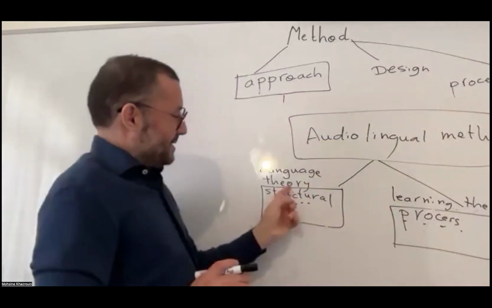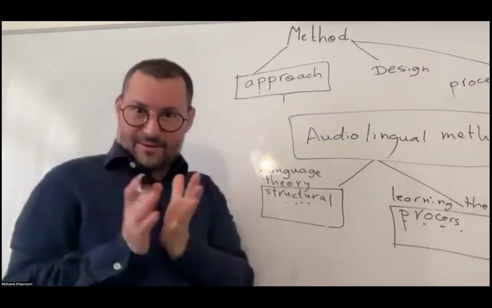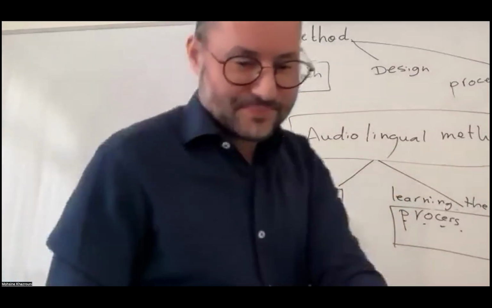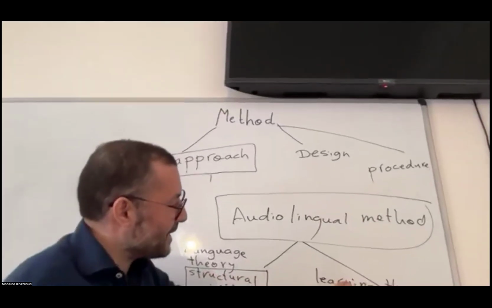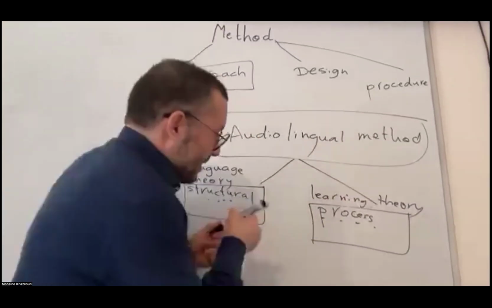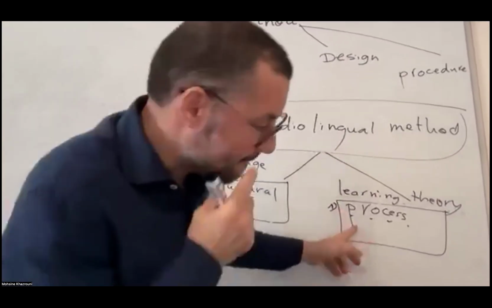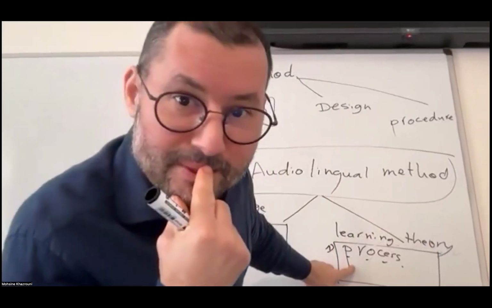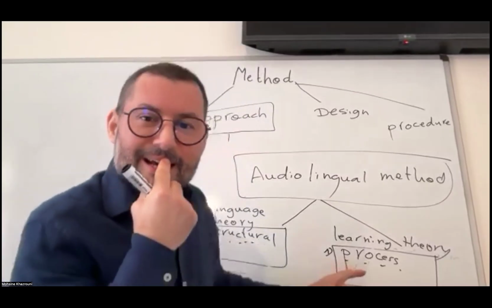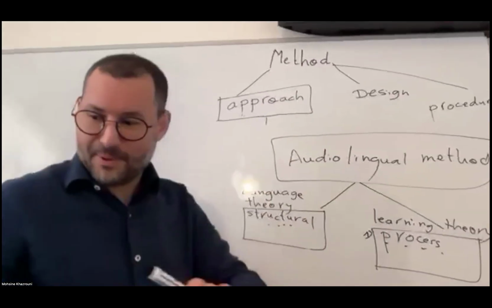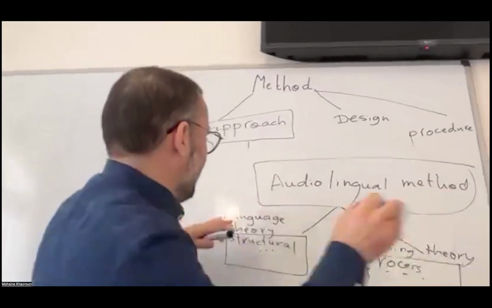Now, this one is about language in general. But what about theory? Theory of learning. The theory of learning is behaviorism in audiolingual. No, I'm talking in general now. Now let's forget about this.